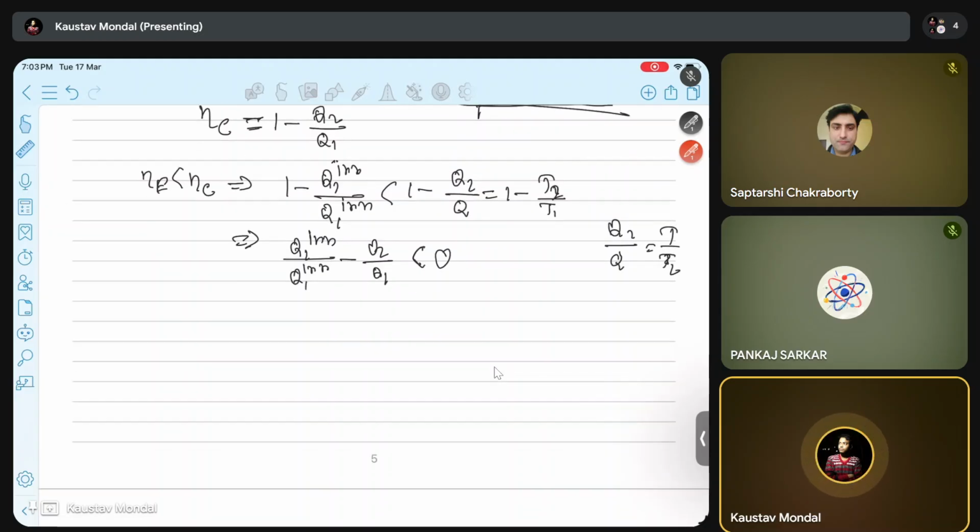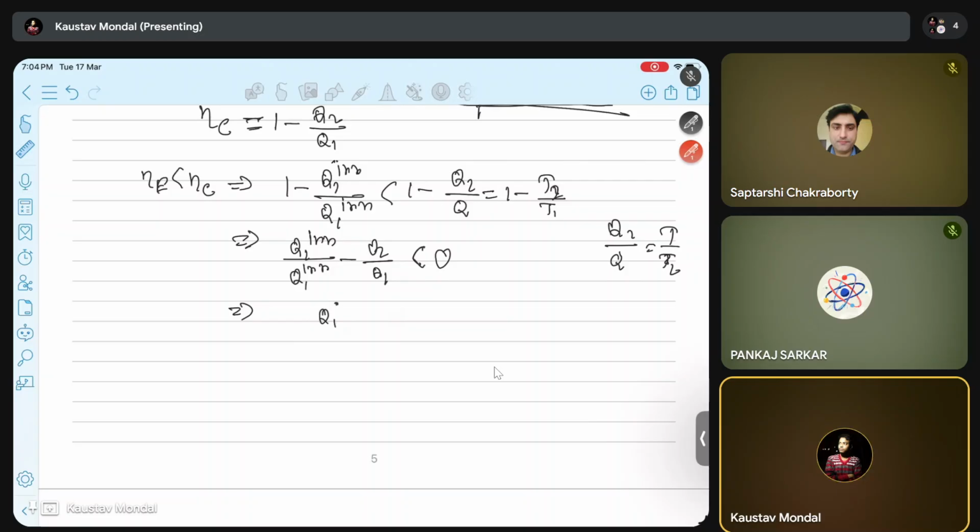Now we already know that Q2 by Q1 is T2 by T1, right? So from here you can also write Q2 irreversible by T2 plus Q1 irreversible by T1, where we are just taking the opposite of the sign.